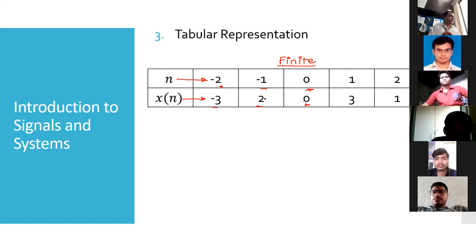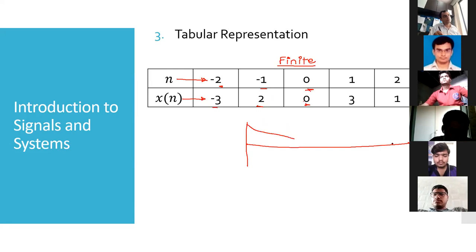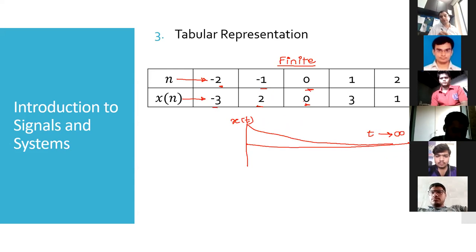Finite का मतलब क्या है? देखिए, अगर I draw a signal which goes up to infinity, this is x of t. It is basically an exponential signal. So if I draw a signal which goes up to infinity, then this signal is not finite.